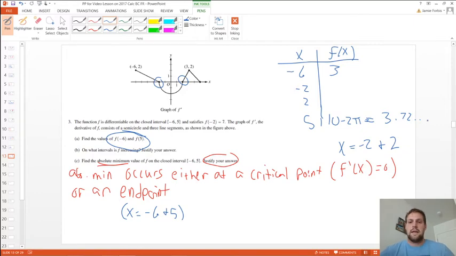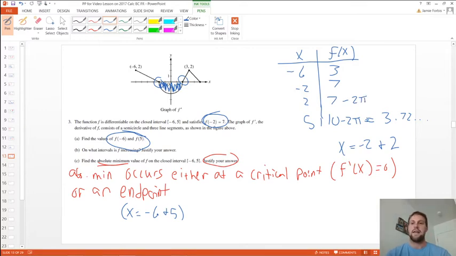Okay, and then f of -2. Remember, -2 is already given. F of -2 is 7. He's already told me that in the problem. And then f of 2 would be my initial value of 7, plus the area of this semicircle, so that's 7 minus 2 pi.